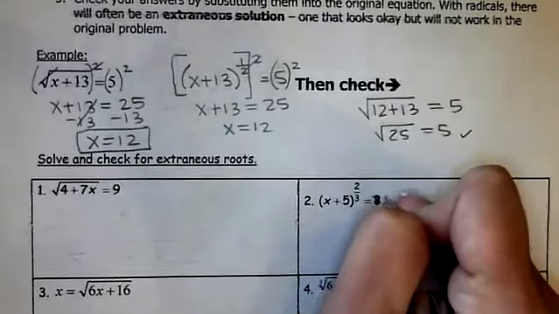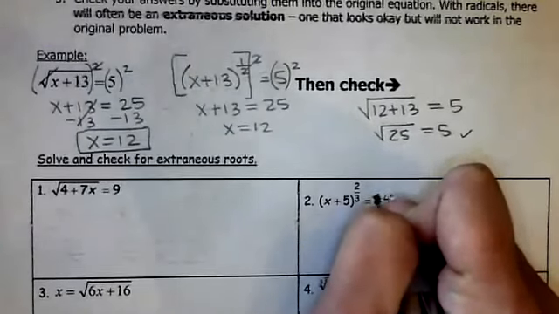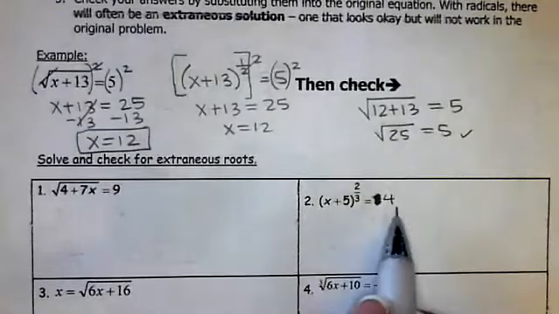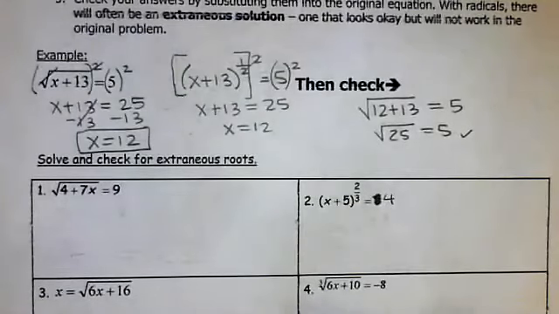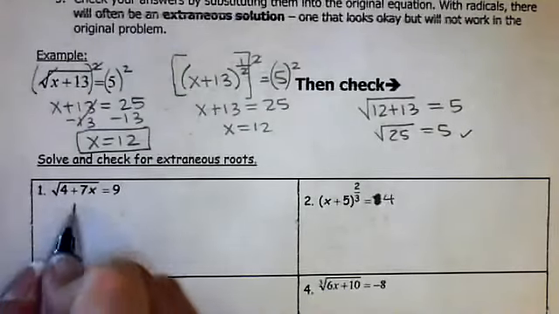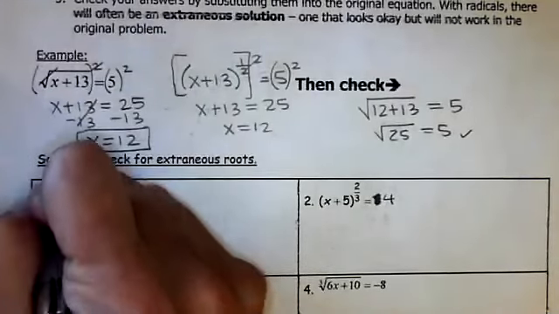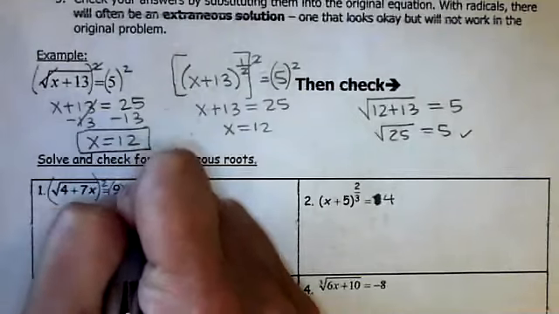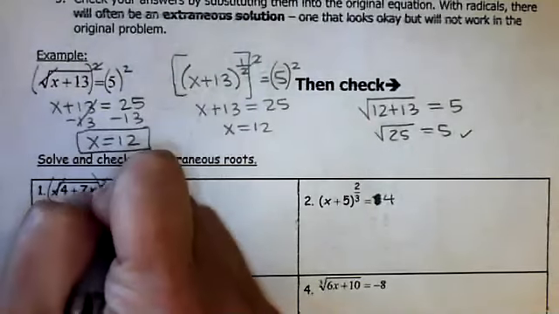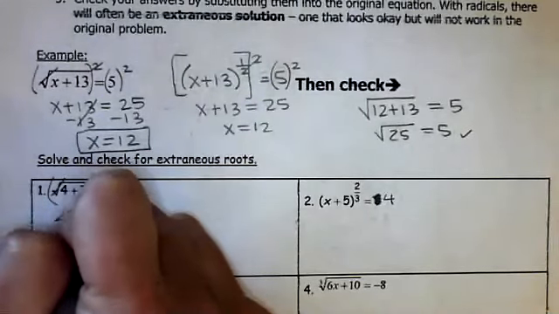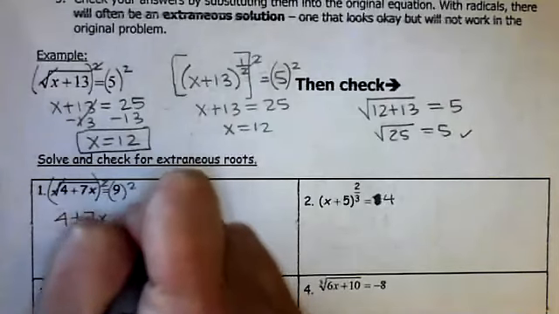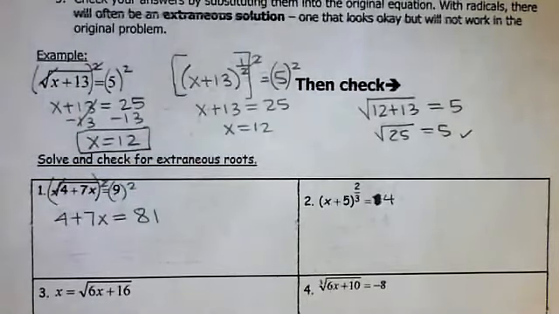All right, we're going to look at some more examples now. And we're going to end up changing this to a 4. So if you've got the notes page in front of you, make sure you change this second one to a 4. All right. For this one here, again, we've got the radical by itself, so we're ready to go. We square both sides. And so the square root and the square cancel, giving me 4 plus 7x is equal to 81.